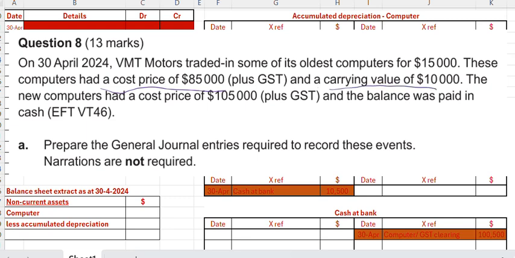So I've got this little balance sheet extract down the bottom here to help us work this out. The computer had a cost price of 85K. Our carrying value is 10K. So we work backwards and go, well, 85K minus the 10K carrying value means that we must have allocated $75,000 in ACDEP.